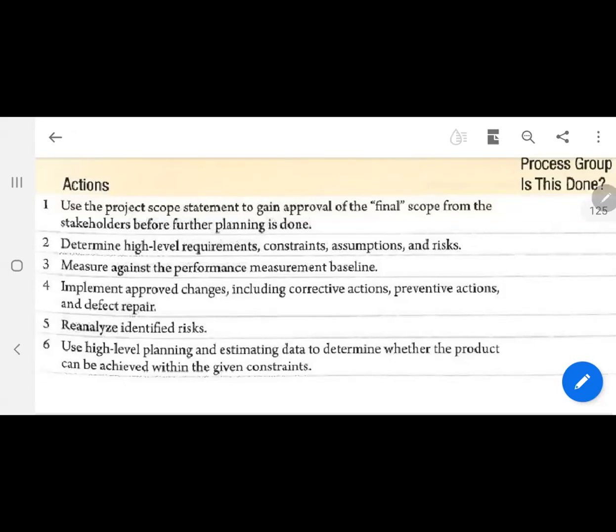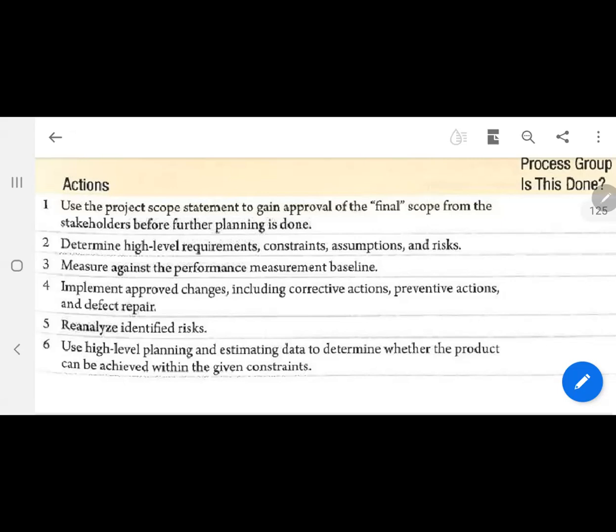So what is happening in the execution process group are the processes required for you to implement the plan that was detailed in the project management plan, and also implement the change requests that were approved through perform integrated change control. So basically what happens at execution is implementation, measurements, observations being done, and all of that.